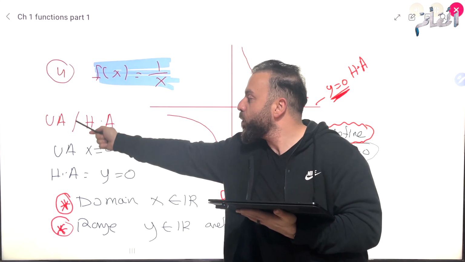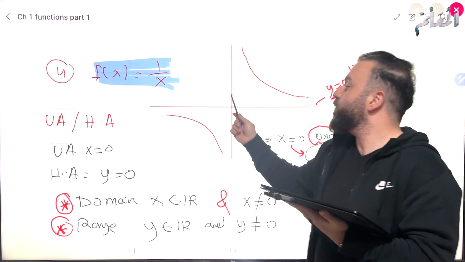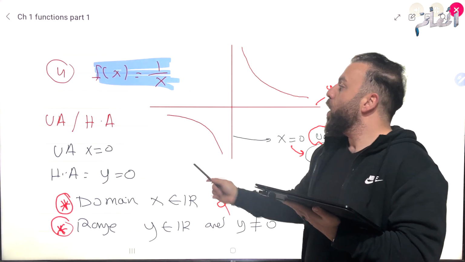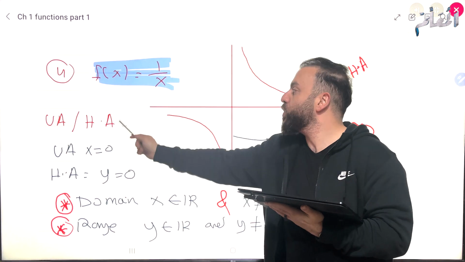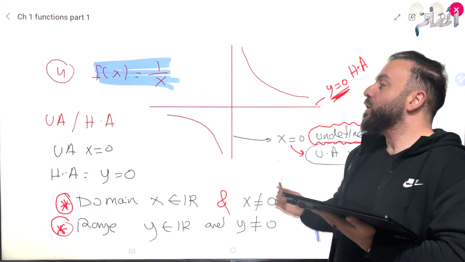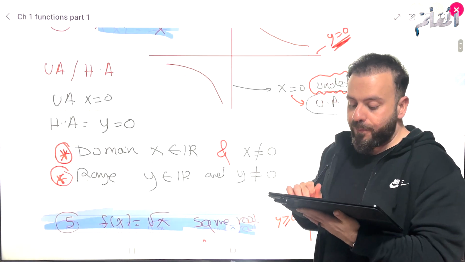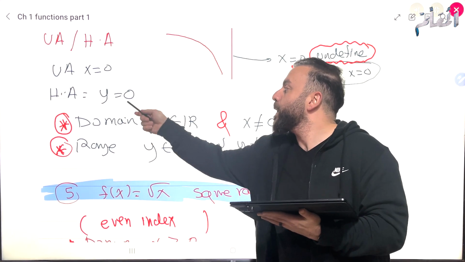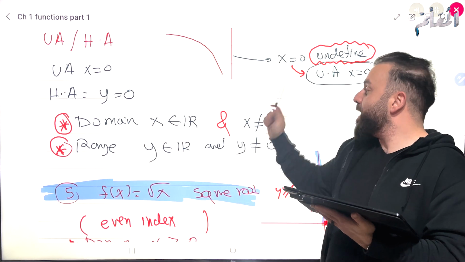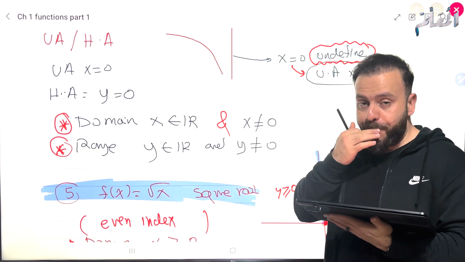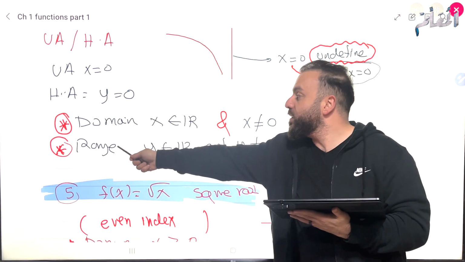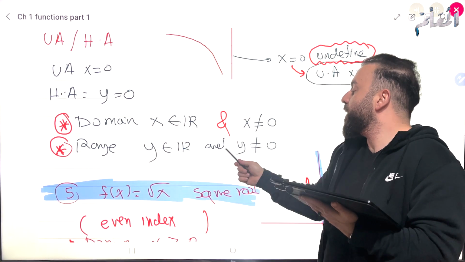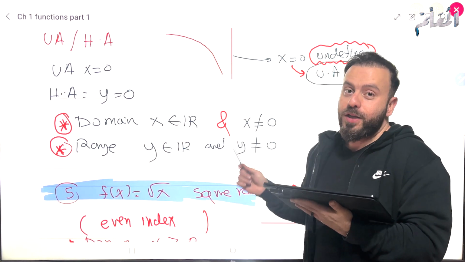In this case, the vertical asymptote of this function is x equals 0. The horizontal asymptote of this function is y equals 0. So based on this information, I can plug inside x all real numbers except x equal to 0. The domain is x belongs to all real numbers, except x does not equal 0, and the range is y belongs to all real numbers, but y does not equal 0.